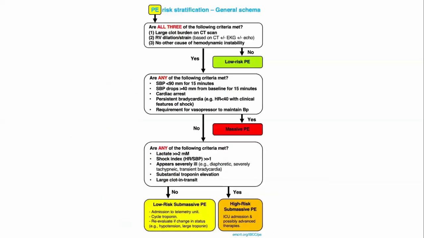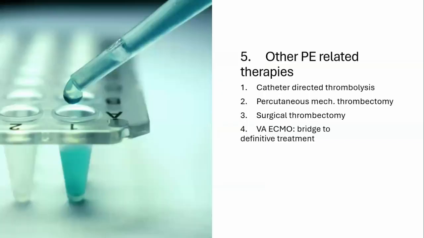Again, the risk stratification algorithm that I referred to from the IBCC, this is the group that we really want to make a change in, or how we approach them. So the low-risk submassive and the high-risk submassive PEs, the rest are quite easy. And then last thing, other PE-related therapies.